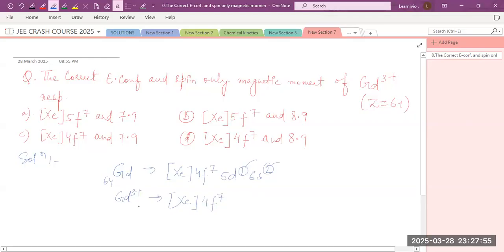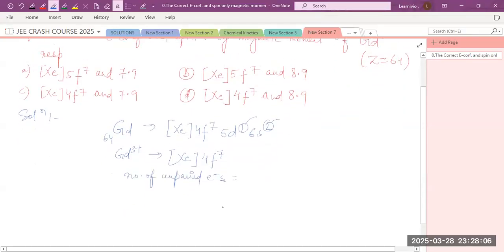So how many unpaired electrons are there, Meera? 7. Yeah. The magnetic moment will be square root of n into n plus 2 Bohr magneton.